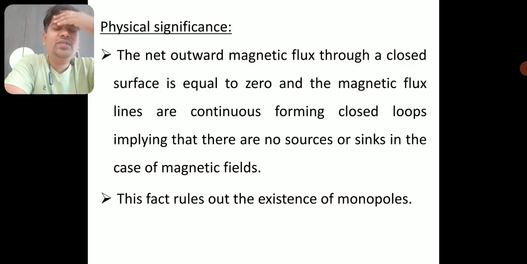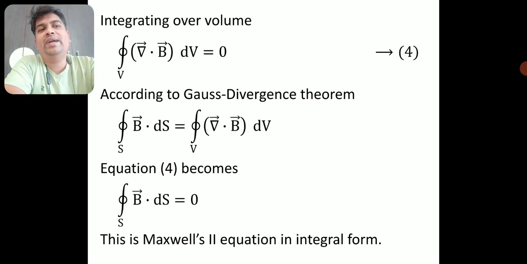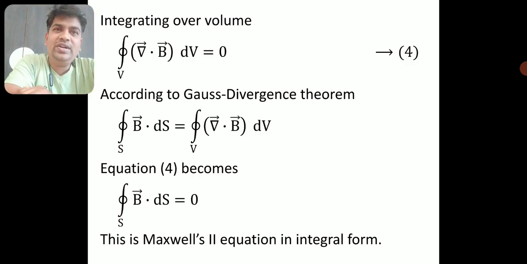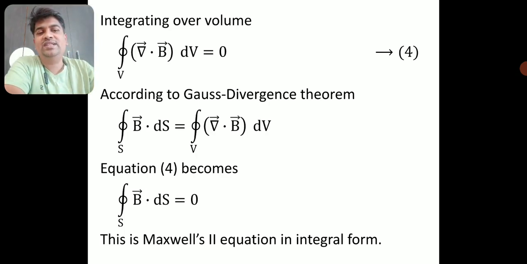Right. Now let us understand the physical significance and meaning of this second Maxwell equation. The net outward magnetic flux through a closed surface is equal to 0. Look at the left hand side, the surface integral of B dot ds, which is the net outward flow of magnetic lines of force over a surface S, and that is going to be 0.